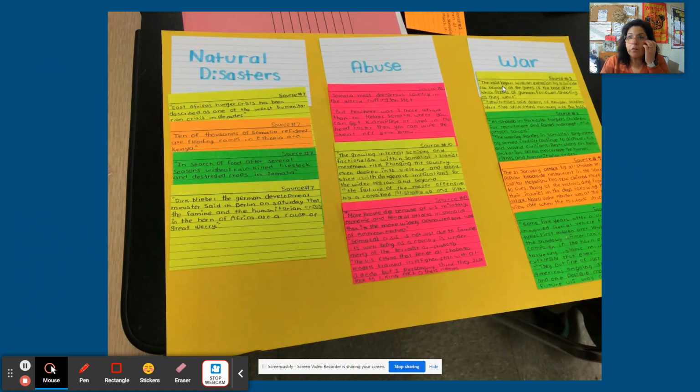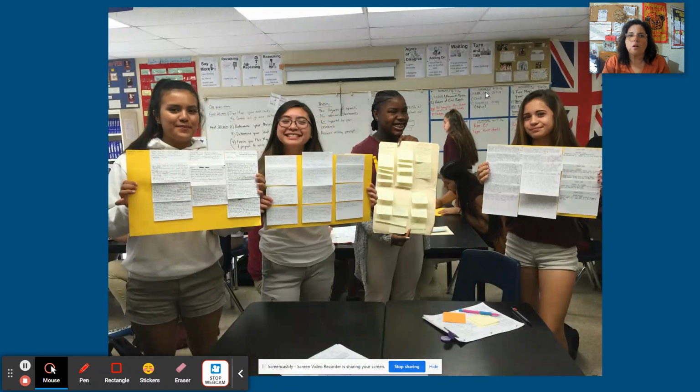So finally, the last thing I want to show you is why we do this. When we go sit down to organize our work, we want to be able to figure out what kind of order we're going to place this information in. So using cards like this allows us to manipulate visually how we're going to present the information. You can see from the pictures here, the kids had different ways in which they could have taken notes.